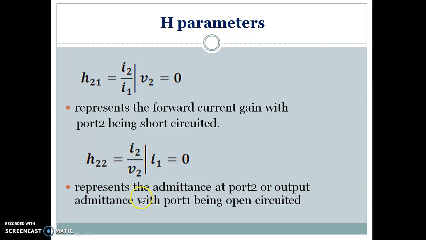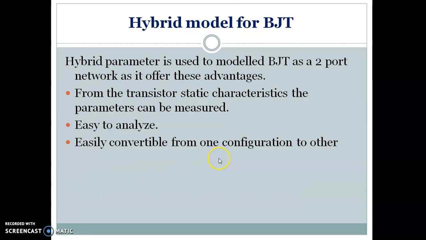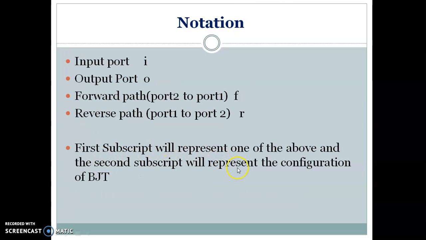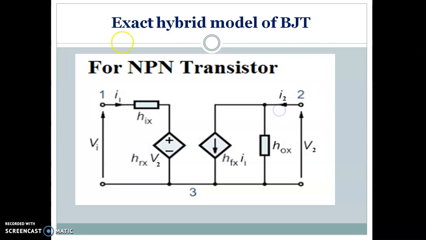And here it is my output admittance, so I can write HO. So I replace forward by F and output by O. The second subscript will always represent the configuration of your BJT amplifier, whether it is common emitter, base or collector.